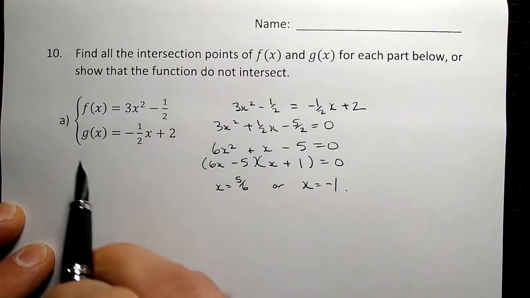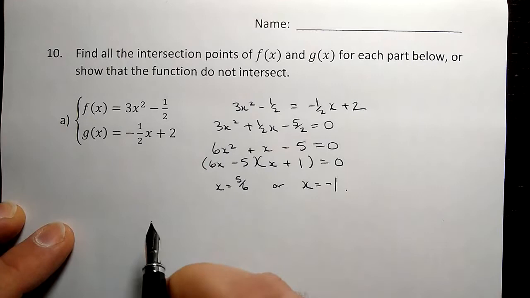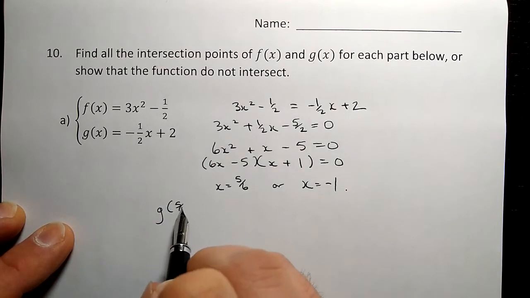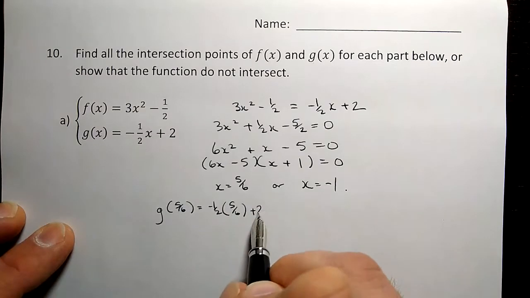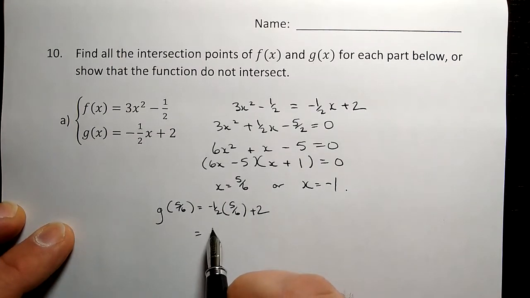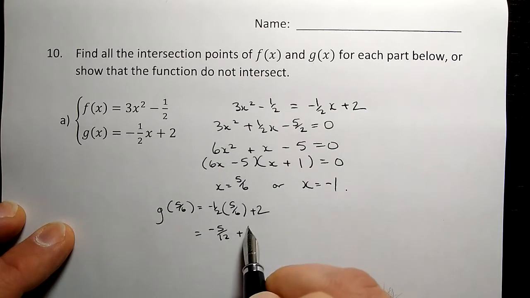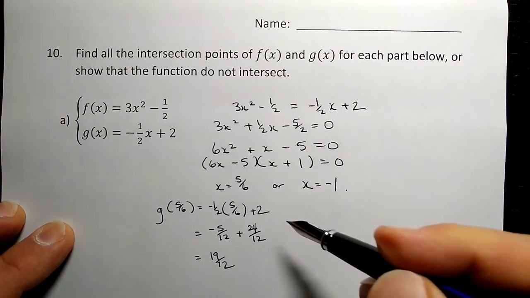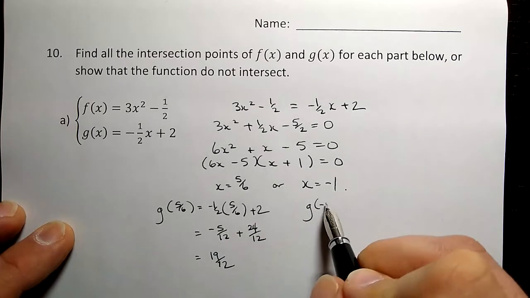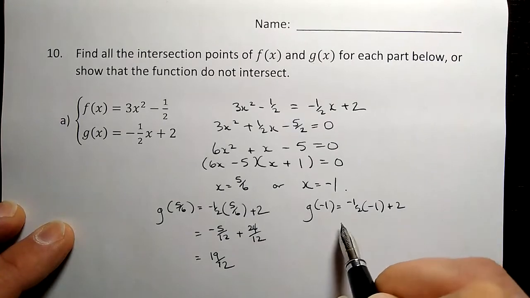We have to substitute those in. Let's substitute into g of x because it's the simpler of the two functions. So g of 5/6 is negative 1/2 times 5/6 plus 2. That would be negative 5/12. And 2 is 24/12. So that's 19/12. Okay, that's going to give us one of our points. g of negative 1 is negative 1/2 times negative 1 plus 2.